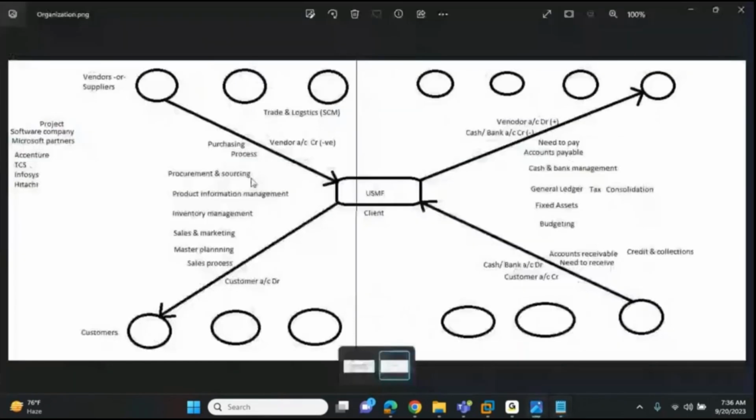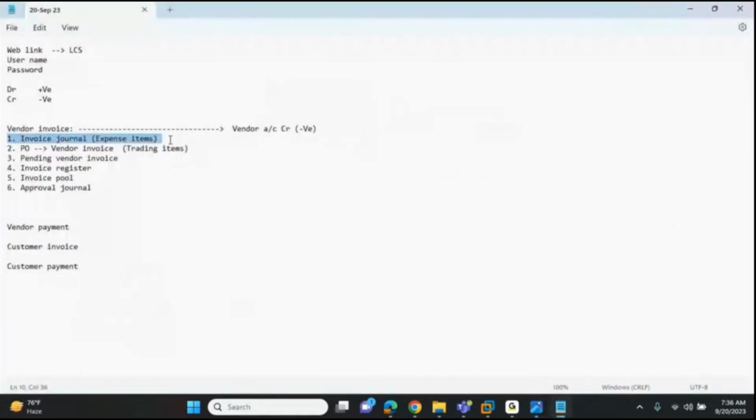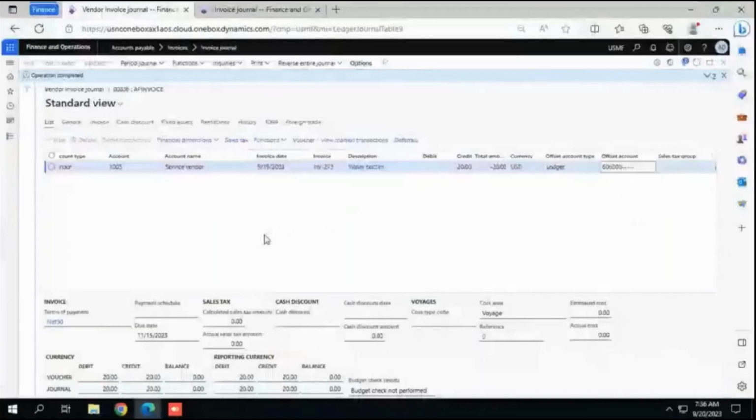Now this is an expense item. Expense item means I am not selling whatever I am purchasing. I am going to use it. I am going to arrange facilities for my employees to run my business. Examples: water bottles, A4 stationery, pens, pencils, courier. There are so many I need to arrange for my employees.